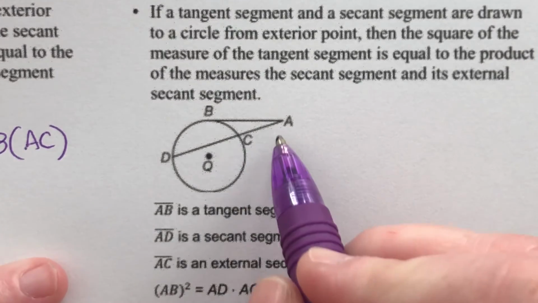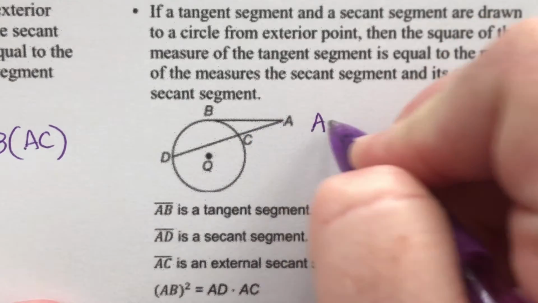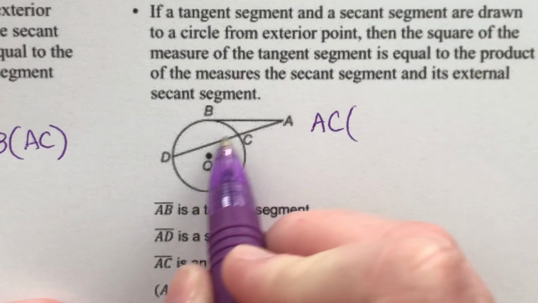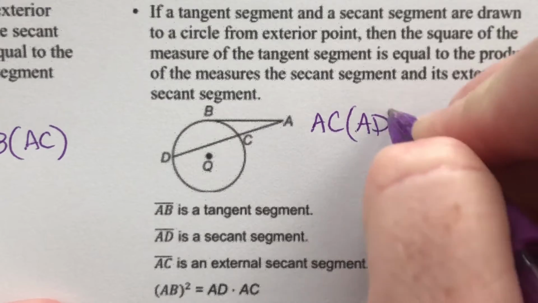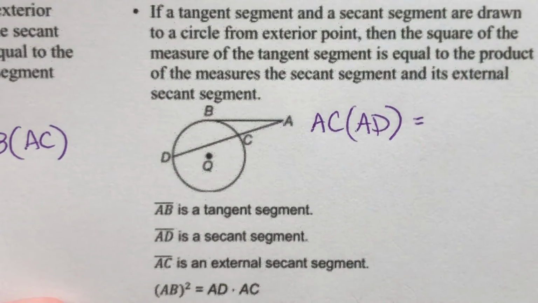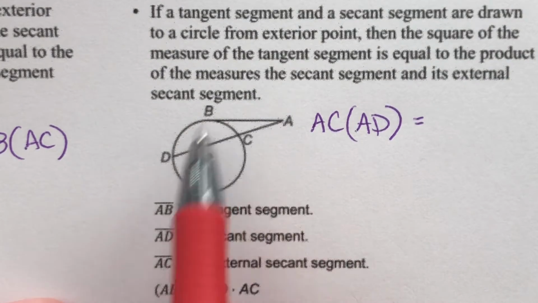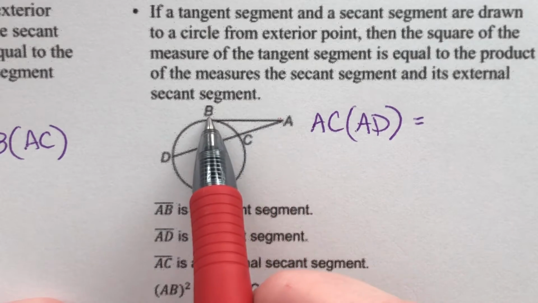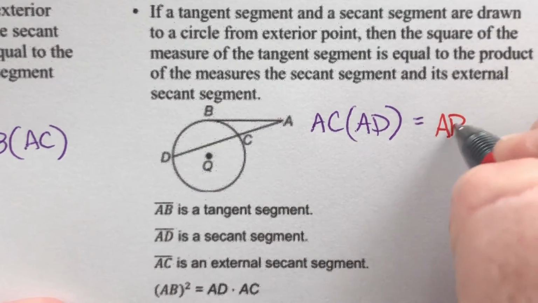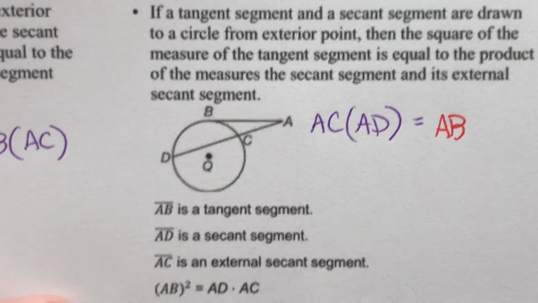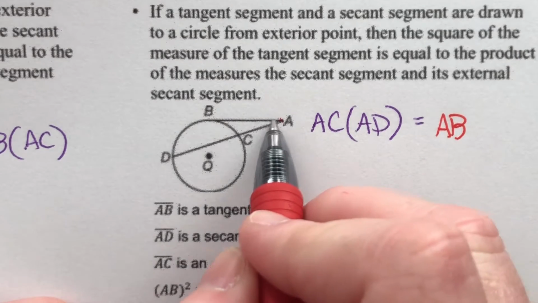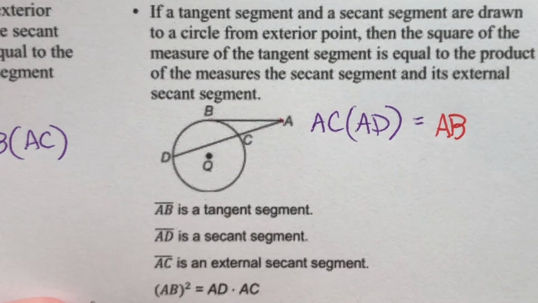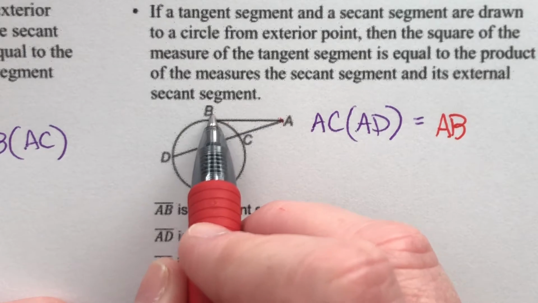So here, the outside portion, AC, times the whole thing, AD, is equal to, and then on the other line here, AB, the outside portion is AB, the portion outside the circle, and the entire line is AB that's outside the circle, right? It ends right here at B.